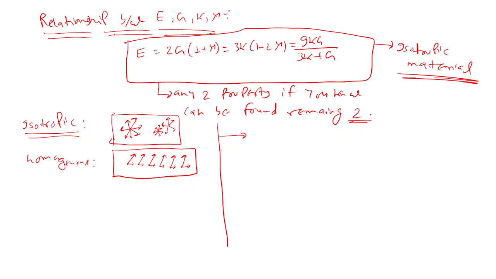So two or three things are there that you should keep in mind. One is the isotropic material. What is the isotropic material? Properties would be the same in all directions at a given point.